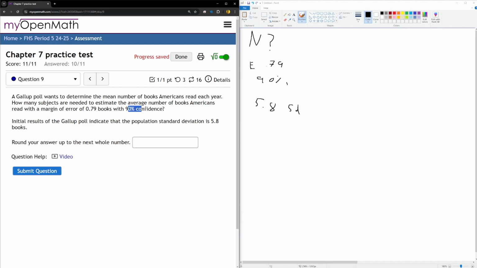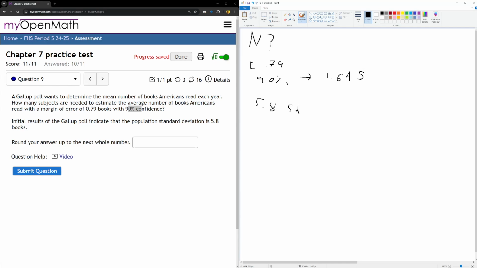90% is, where did my list go? So I'm not trying to do the math. 90% gets translated to 1.645.